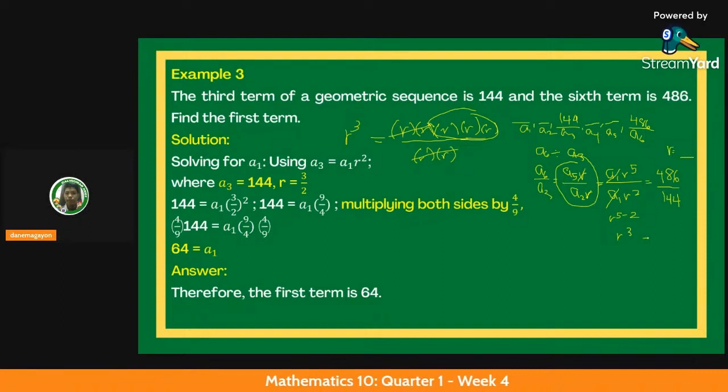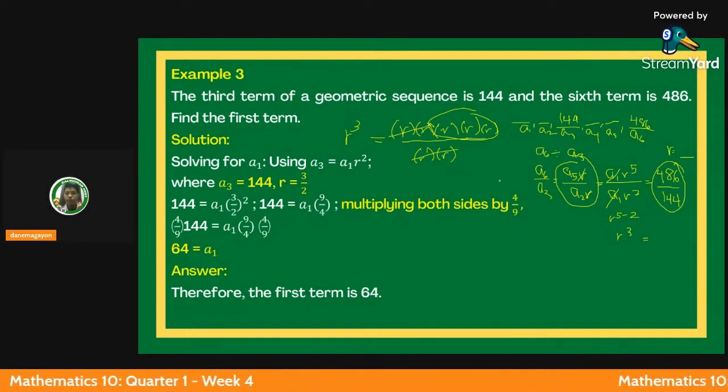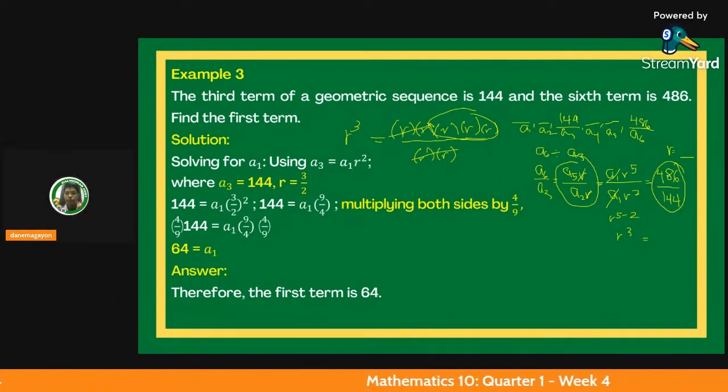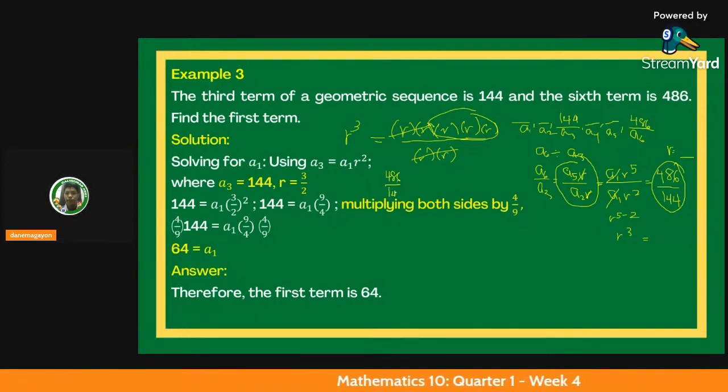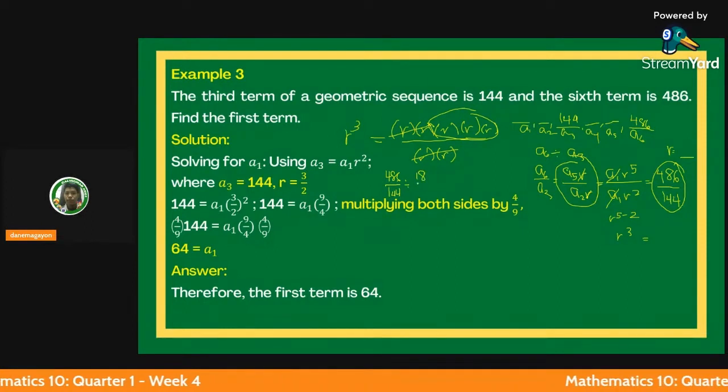then equals, itong part na to, we will simplify this. So we have to think of a number or a term para mag-come up tayo with 486, yung simplest term ng 486 and 144. So dito, we have 486 over 144. So yung common factors nila, 18, i-divide natin sila by 18.